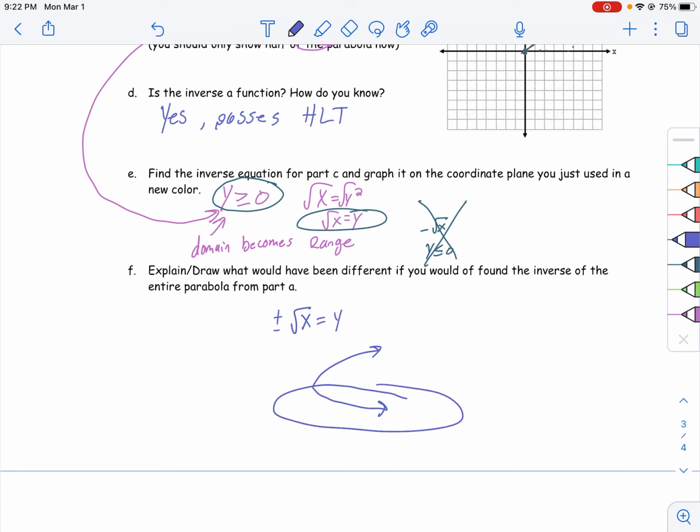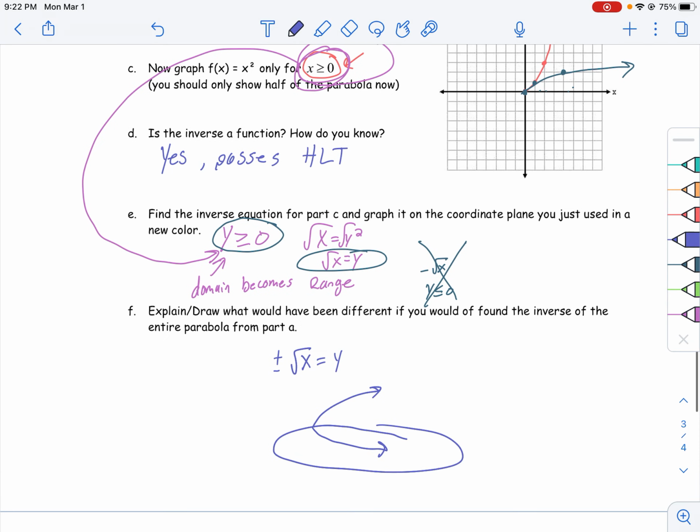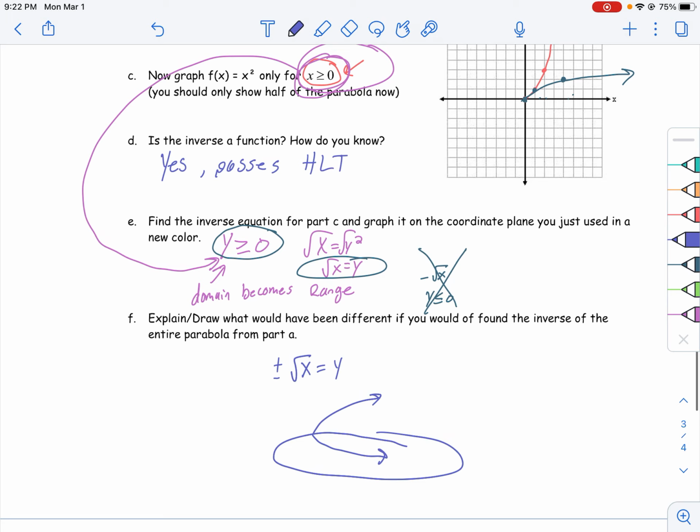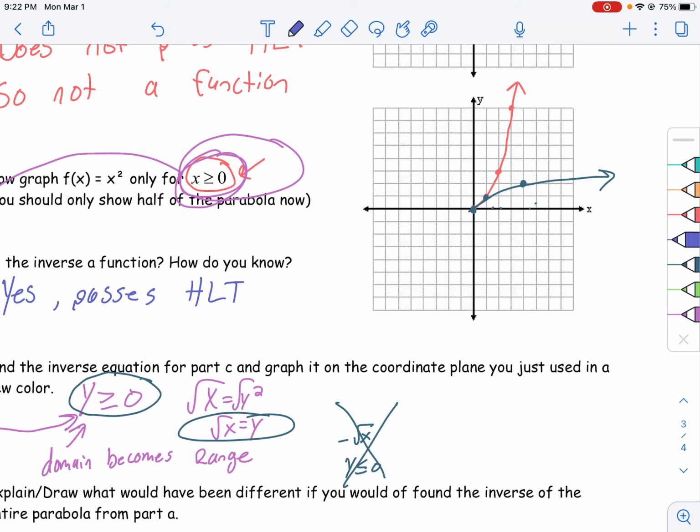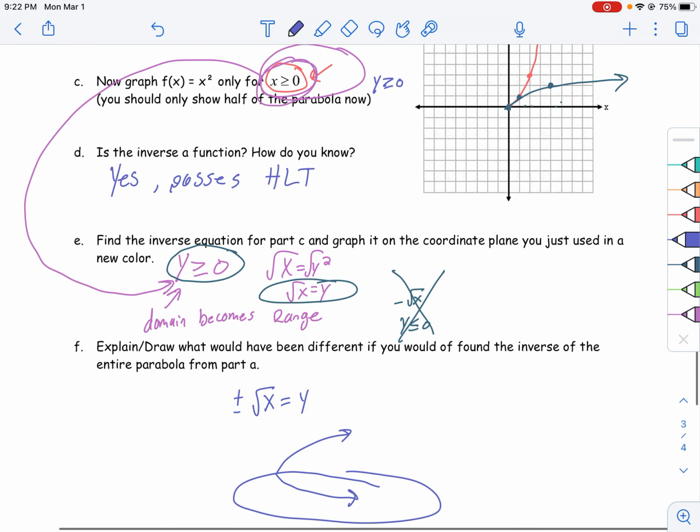So this bottom section doesn't exist because of the domain restriction from letter C, all right? So that's why some of those questions yesterday said x is greater than or equal to 0 or things like that, all right? Technically on this as well, y is greater than or equal to 0.